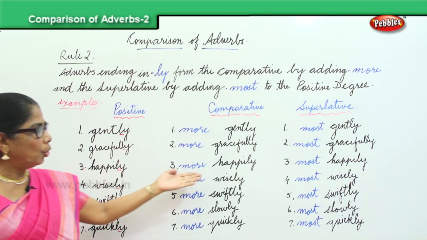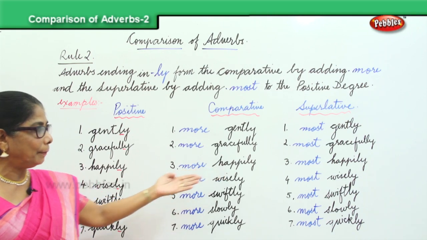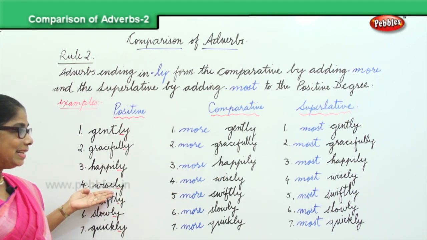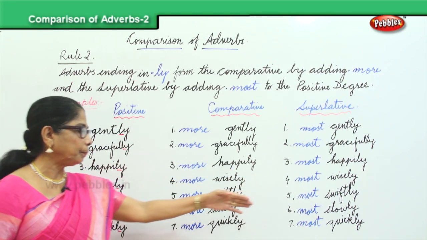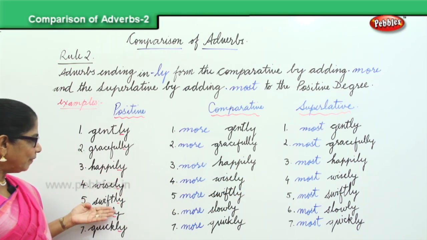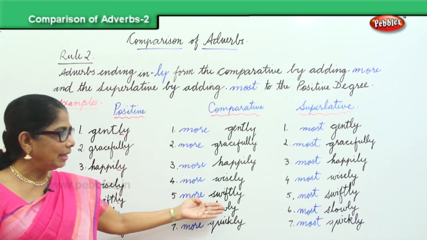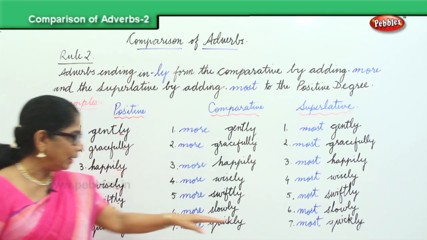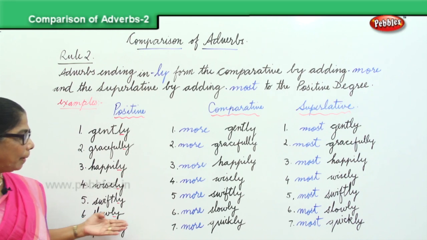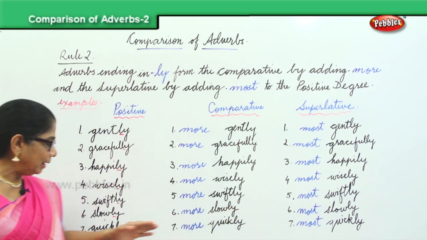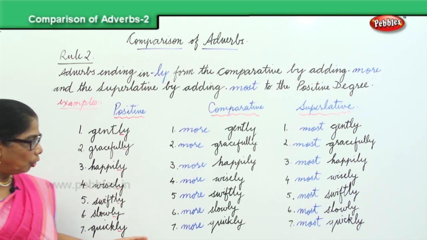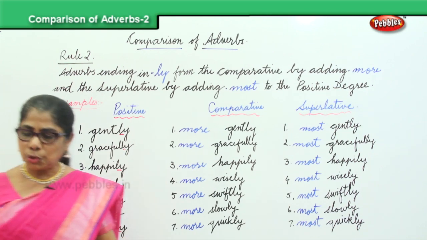Happily, more happily, most happily. Wisely, more wisely, most wisely. Swiftly, more swiftly, most swiftly. Slowly, more slowly, most slowly. And finally, quickly, more quickly, most quickly.